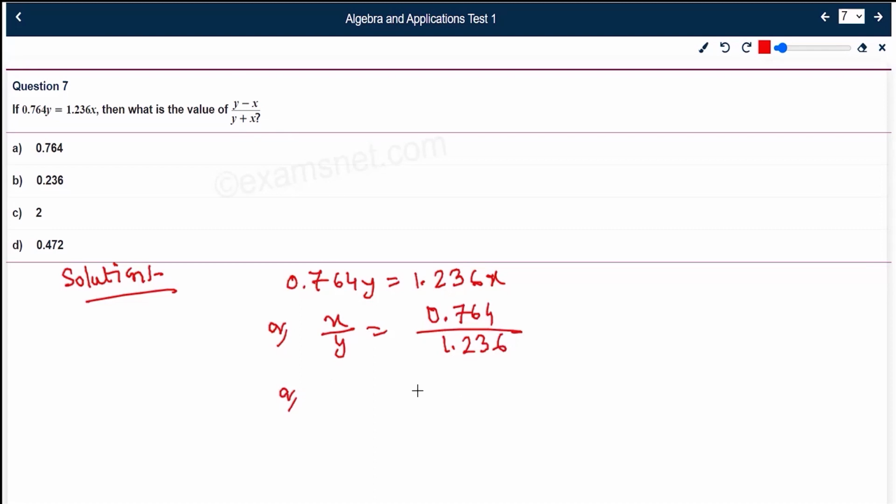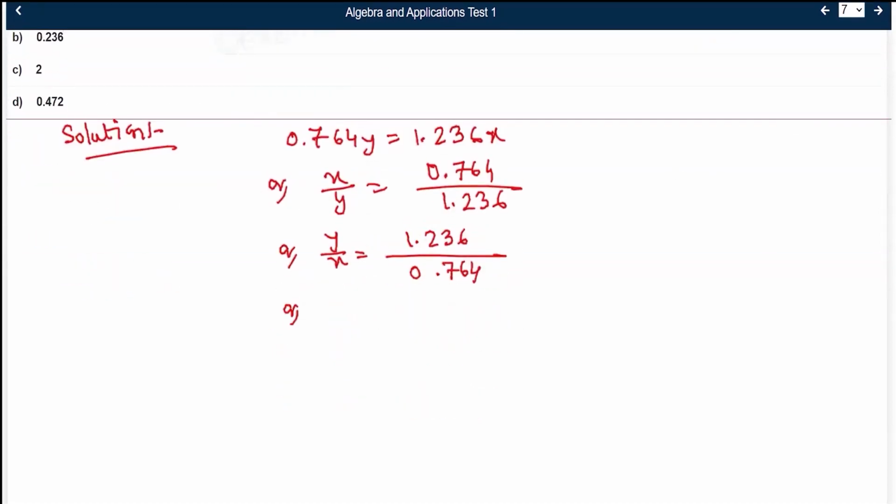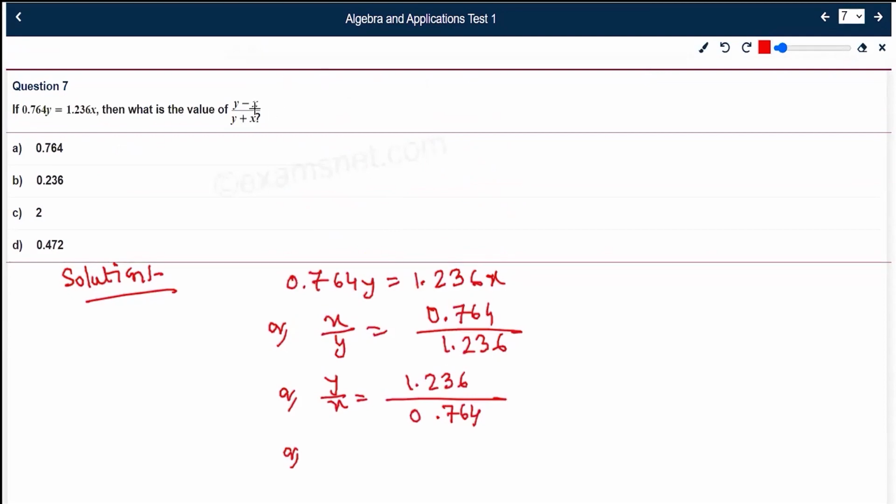So first I would like to write the reciprocal of this, which is y by x, and 1.236 by 0.764. Okay, now what can I do? Look at the expression attentively. It's y minus x by y plus x.